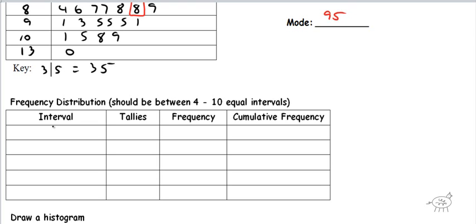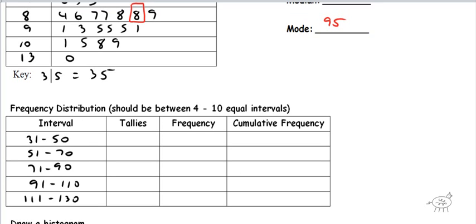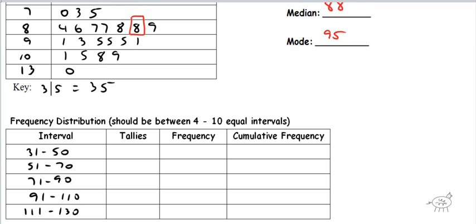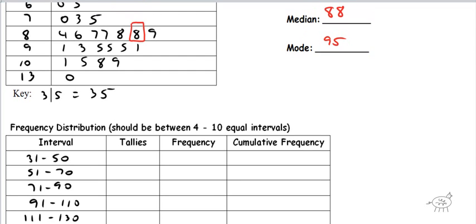I said between 31 and 50, between 51 and 70, between 71 and 90, between 91 and 110, and between 111 and 130. Okay? And if I tally these up, I can't really fit everything on the screen, but that's okay.